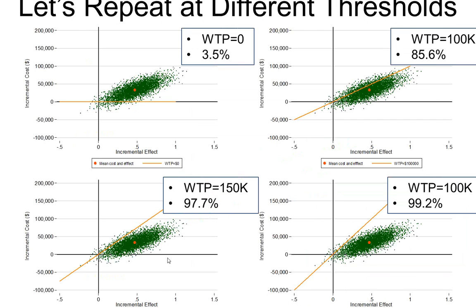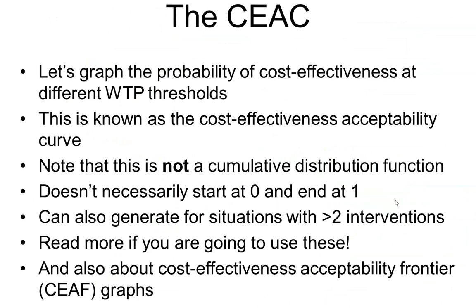And we could do it at $200,000, in which case now we're getting to 99.2%. So now we have different willingness to pay thresholds and different proportions that represent cost effectiveness. And we could graph those.